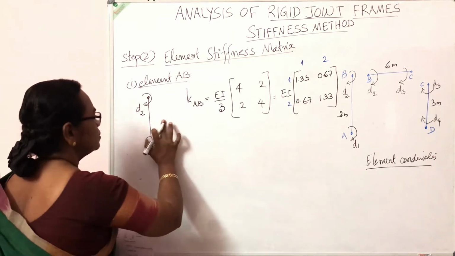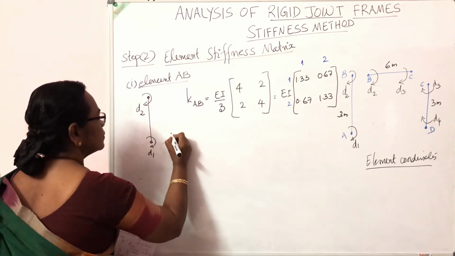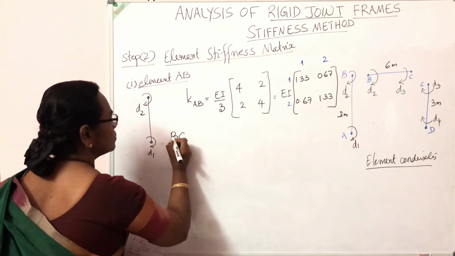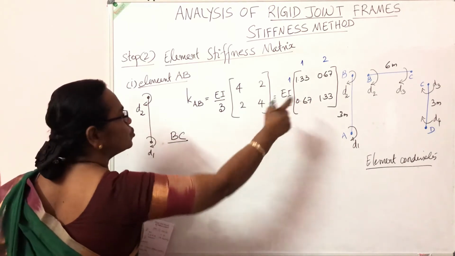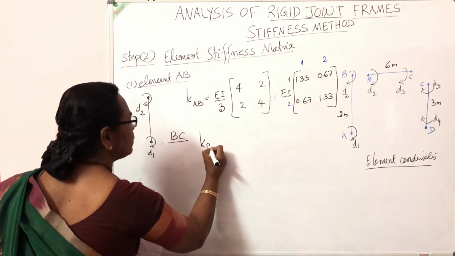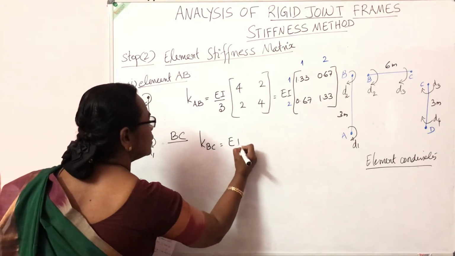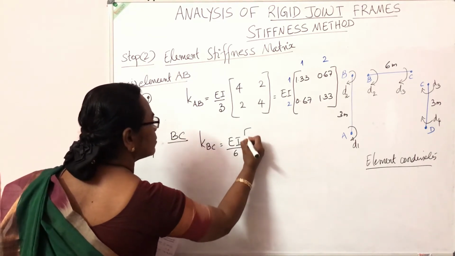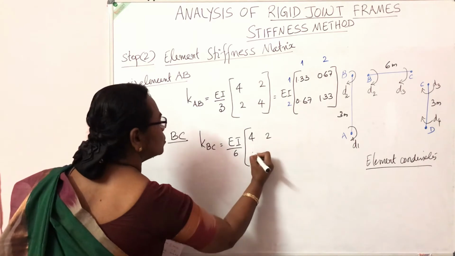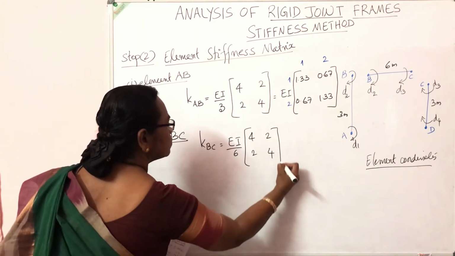Then the second element, BC. For the second element BC, the coordinates are 2 and 3. So I can write KBC is equal to EI by L, EI by 6 into 4, 2, 2, 4.